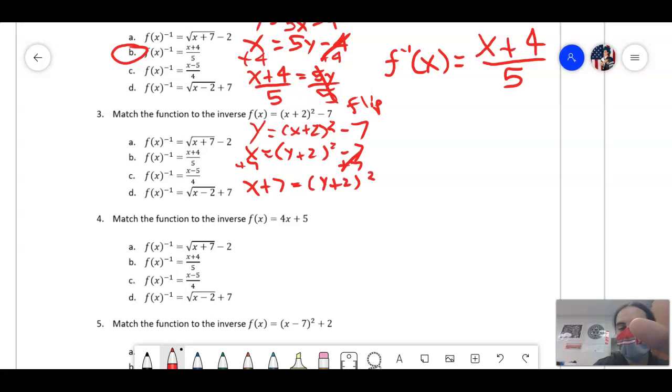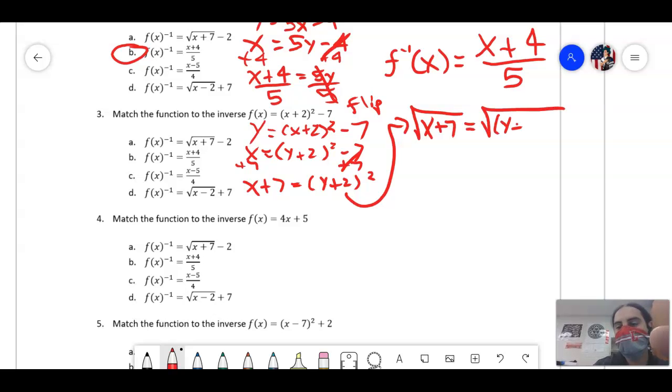Now, here's where it gets tricky. To get rid of that square, that little 2, you'd have to do the square root of both sides. So I'm going to bring that up here. So square root of x plus 7 on the left equals square root of y plus 2 squared. Then squared and square root as inverse operations cancel each other out. And you bring down square root of x plus 7 equals y plus 2.